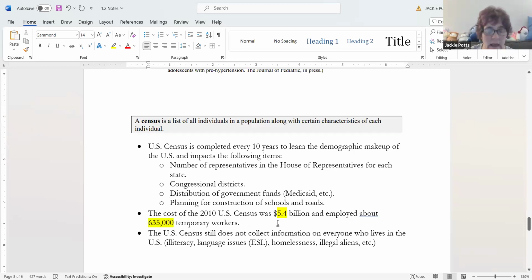That was in 2010. In 2020, that cost was now $14.2 billion.